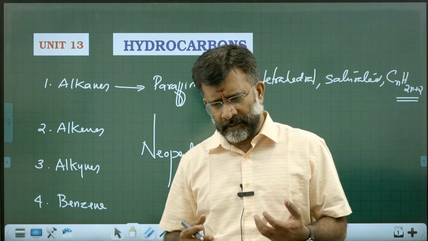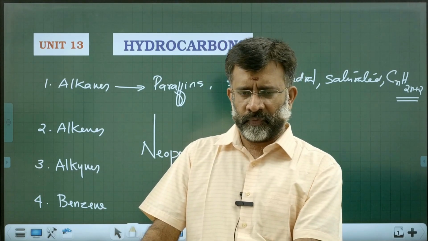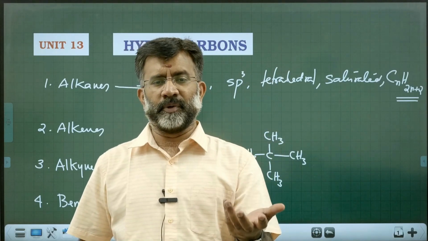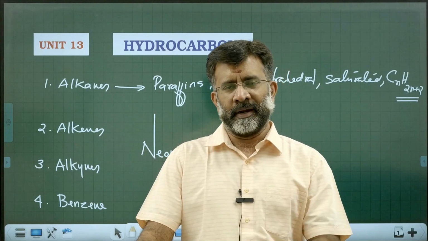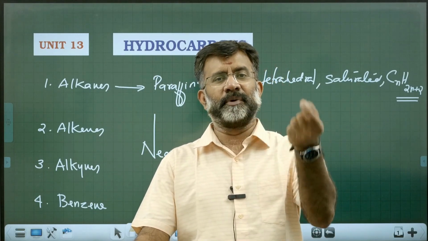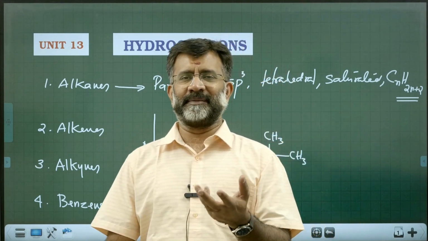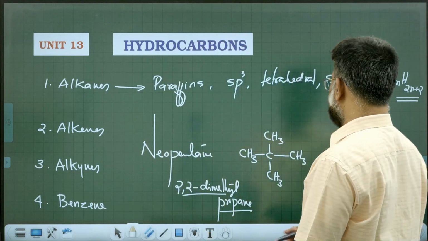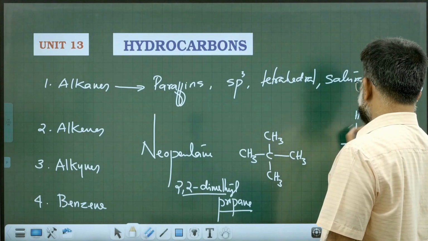And there are some excellent questions you can find from the NCERT. For example, tetra tertiary butyl methane. They ask you to find out the IUPAC name of tetra tertiary butyl methane. What they mean is this is methane.